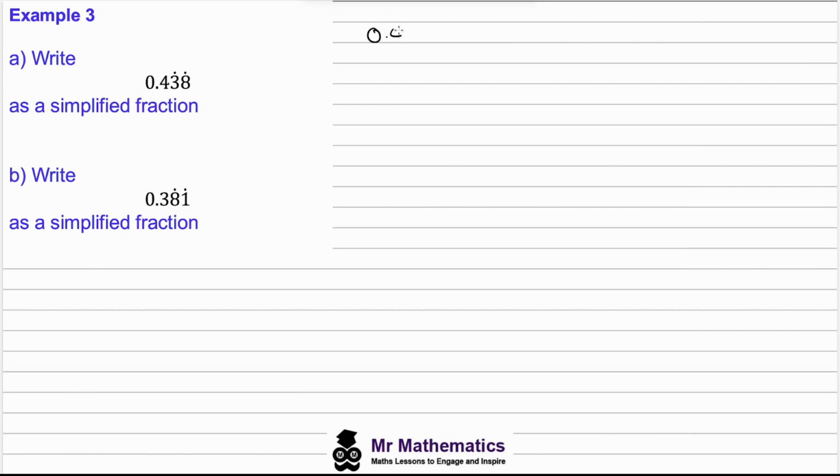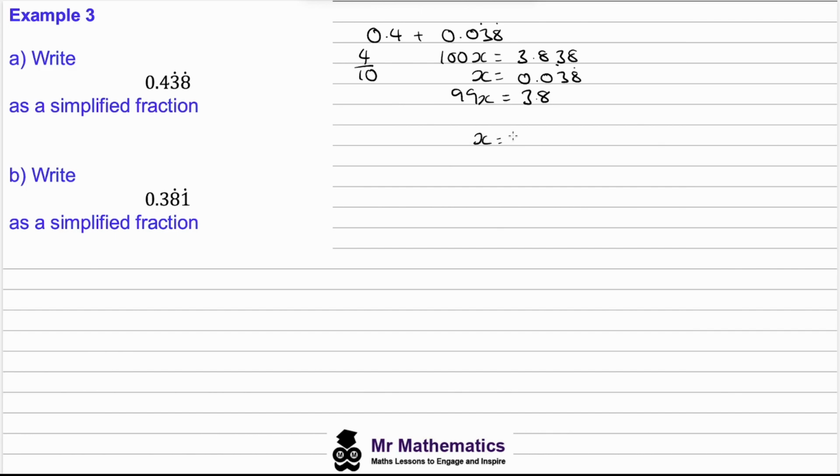So we've got the 0.4 plus the 0.038 recurring. We know the 0.4 is 4/10. So if we let x equal the 0.038 recurring, because it recurs in hundredths, we'll multiply it by 100. And this will be 3.838, and so on. So 99x will be 3.8.